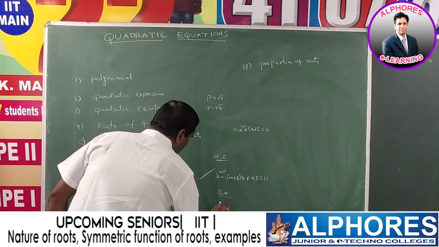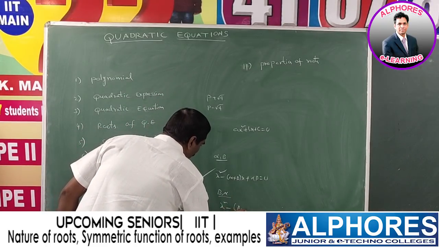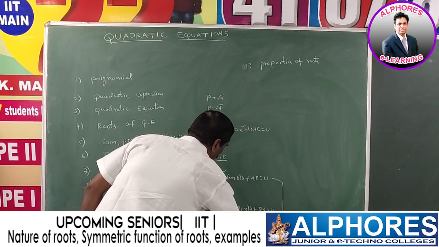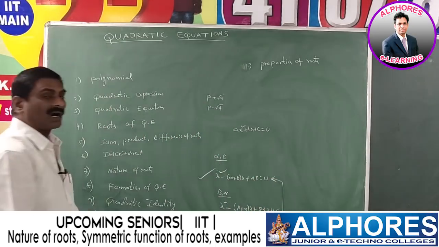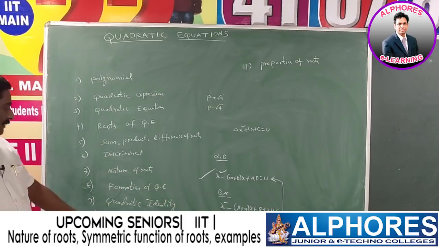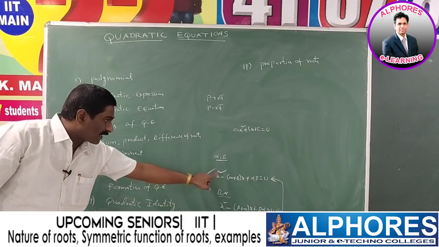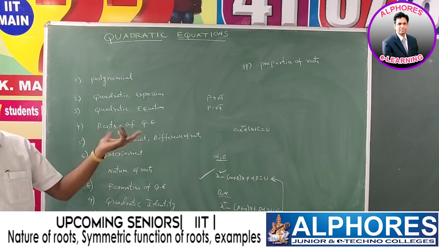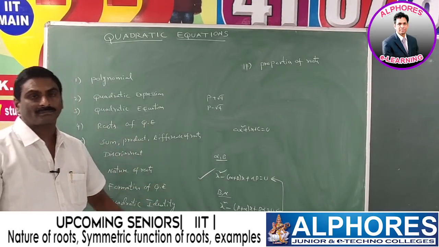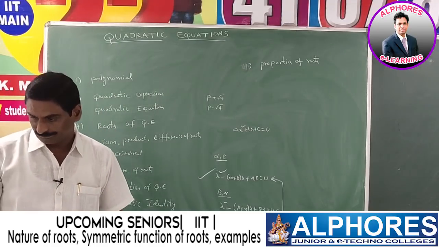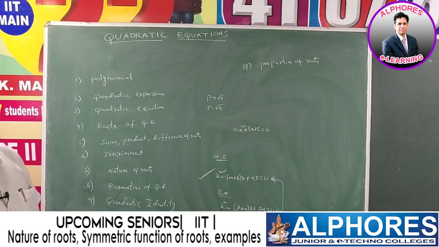Then the quadratic equation is x² - (beta + alpha)x + beta alpha = 0. These two are identical, so this equation is said to be a symmetric function of the roots alpha, beta of the quadratic equation. That means symmetric. Next, properties of the roots in the quadratic equation.